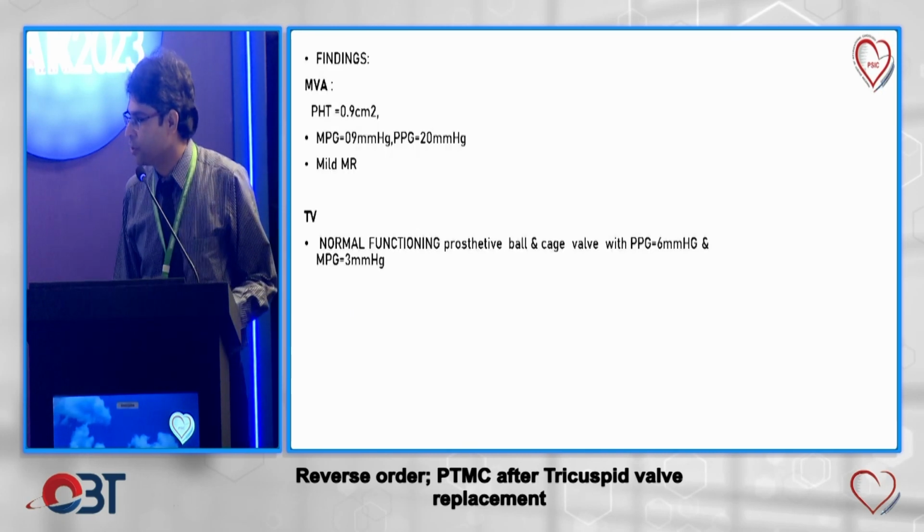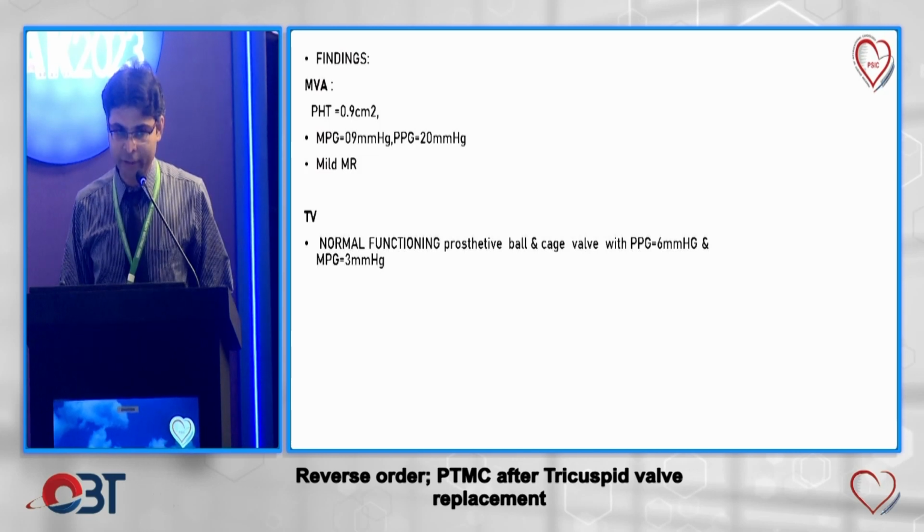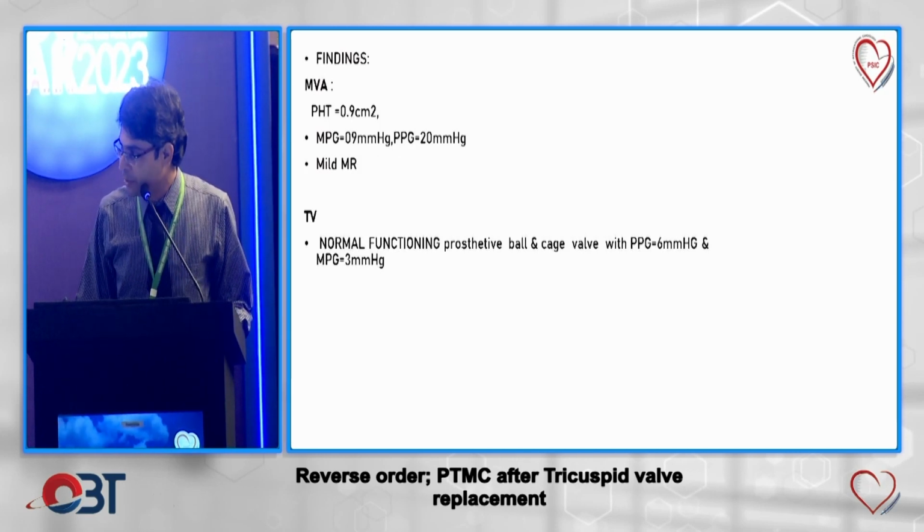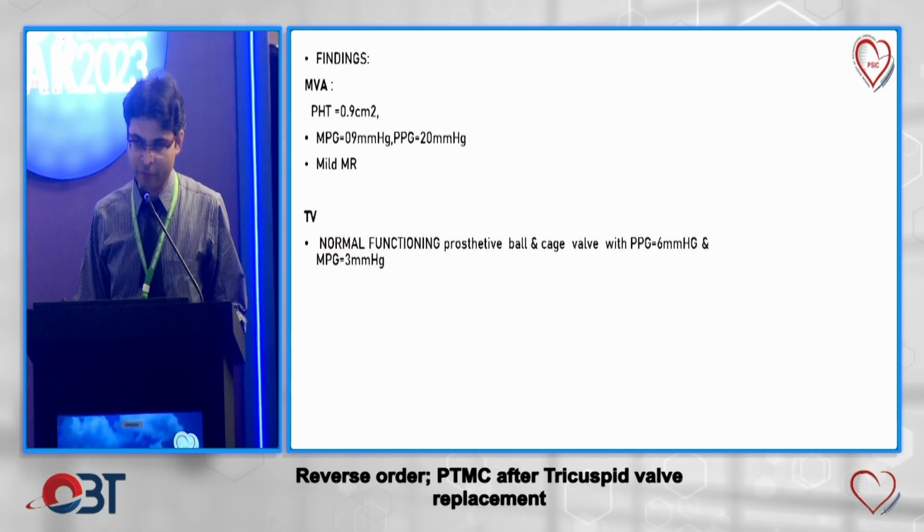There was a normally functioning prosthetic valve at the tricuspid position. That was a ball and cage valve with a mean gradient of 3 mmHg.